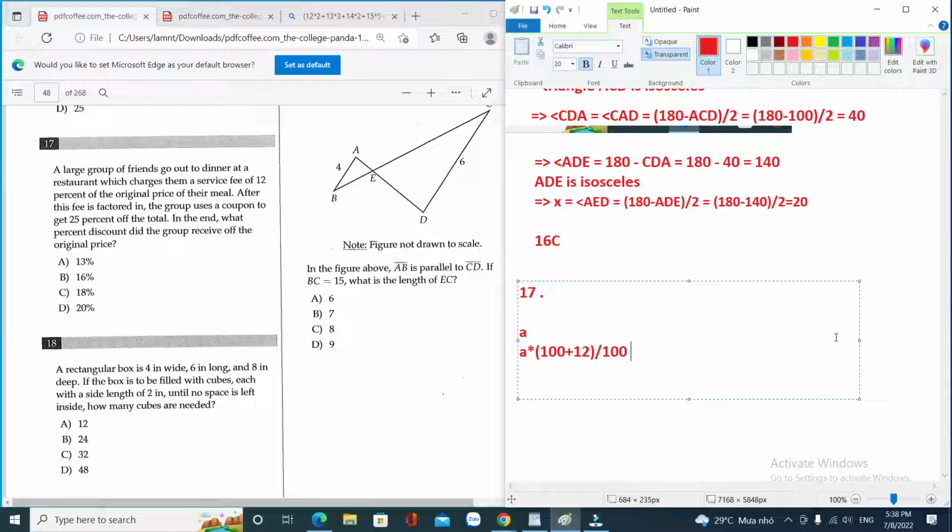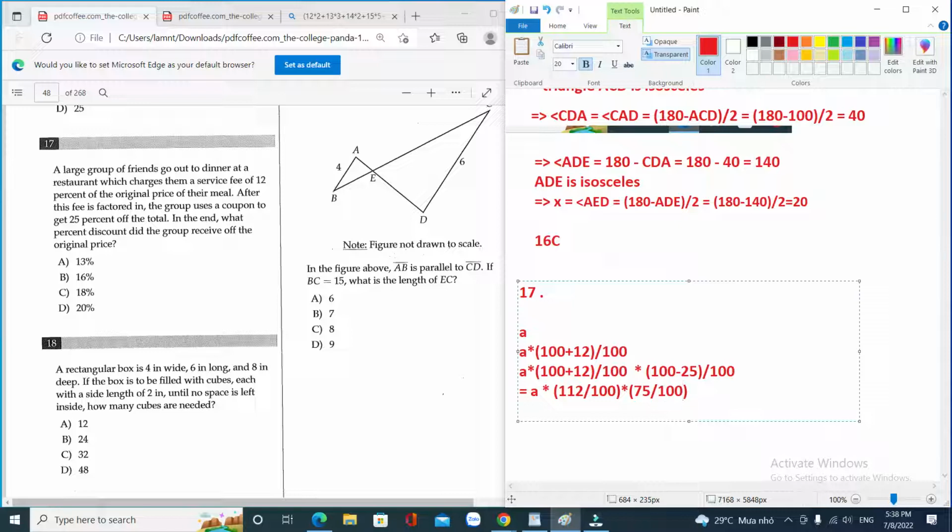So this is the original total. Now this total with the fee is gonna be multiplied by 25% off, so that's 100 minus 25 over 100. So that's actually 8 times 112 percent times 75%.